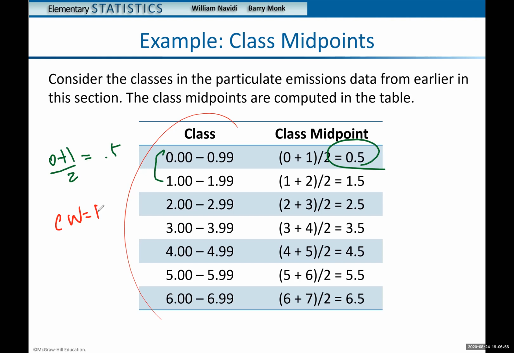That's the difference between any limits. Subtract these two, or 6 minus 5, is 1. Everything is 1. So after you solve for the first class midpoint, you just have to use your class width: 0.5 plus 1, plus 1, plus 1, up to the last one.